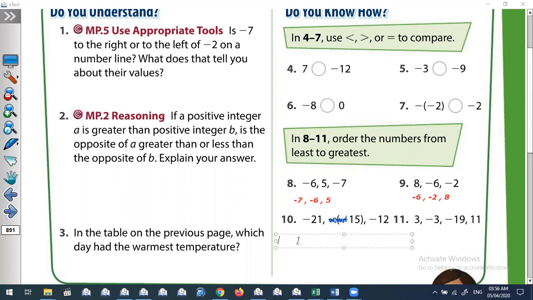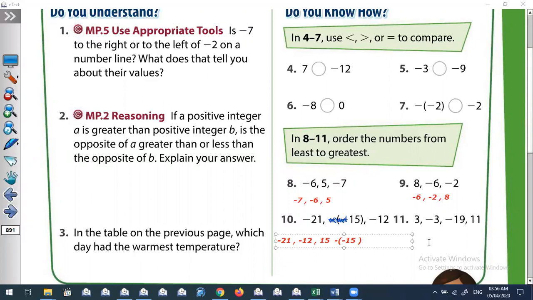Which is smaller? The smaller is negative 21. After negative 21, we have negative 12. And the last number is 15, or negative, negative 15. As you want, you can write it like that. They are both the same.